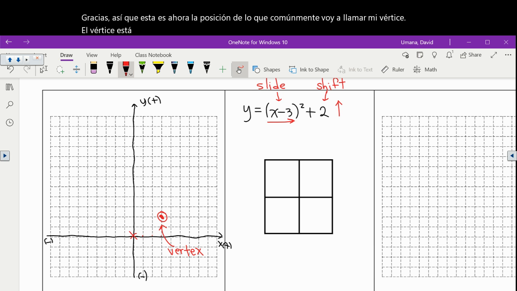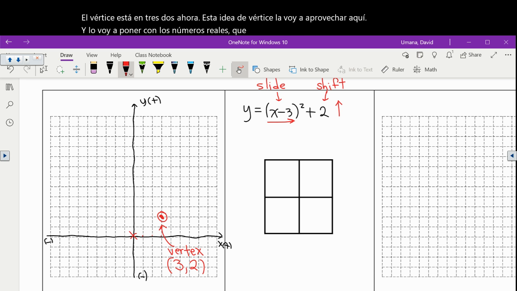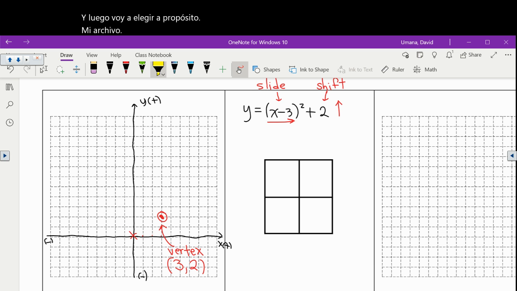Now, this idea of vertex, I'm going to take advantage of it here. And I'm going to put it with the real numbers, which was 3, 2. So I'm putting the word vertex right there so that I can see it. And then I am going to purposely pick my highlighter and then right down the middle where the vertex is, I'm going to draw a line that cuts this right down the middle, like this.